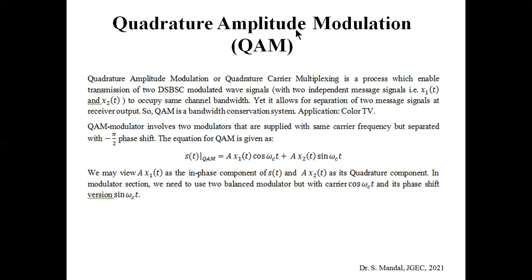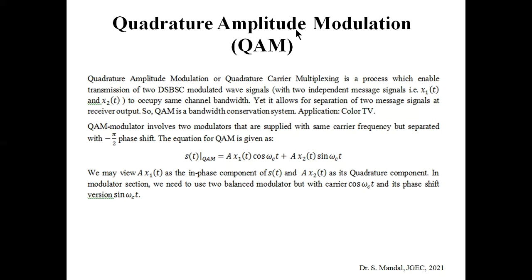Basically, if we want to design a QAM modulator, we need to use two carriers. The difference between these two carriers is that their phase differs by minus pi by 2.